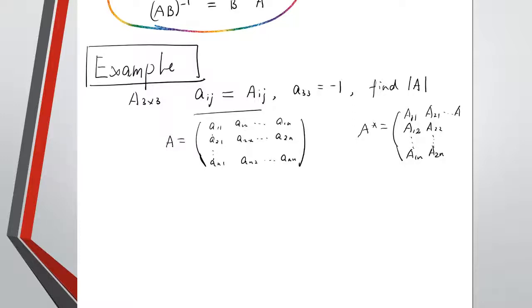And here we have An1, An2, all the way to Ann.